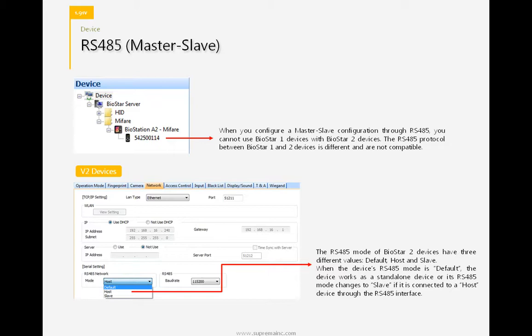If I give an example, previously in version 1 devices, if you wanted to connect two devices, one as a host and another as a slave, because by default all our devices came in host mode, what you had to do is connect the slave device to BioStar with the LAN cable and change its connection mode to slave, and change the other to host, and then disconnect it from the network, configure the RS-485, and then connect the host and slave, which was very inconvenient.